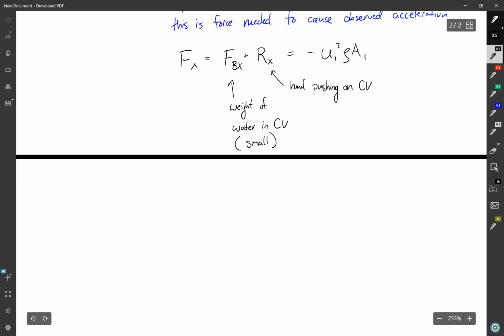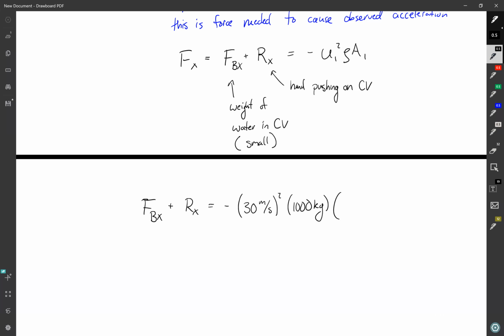And if we want to put numbers on that, the body force plus your hand pushing Rx equals minus 30 meters per second squared times 1,000 kilograms times the area of your hand, which is, what did we say it was?